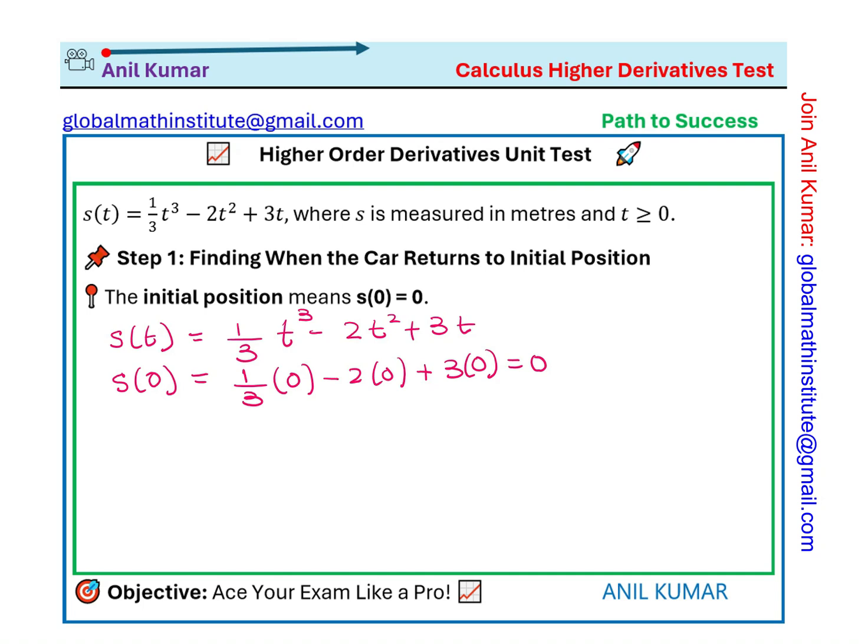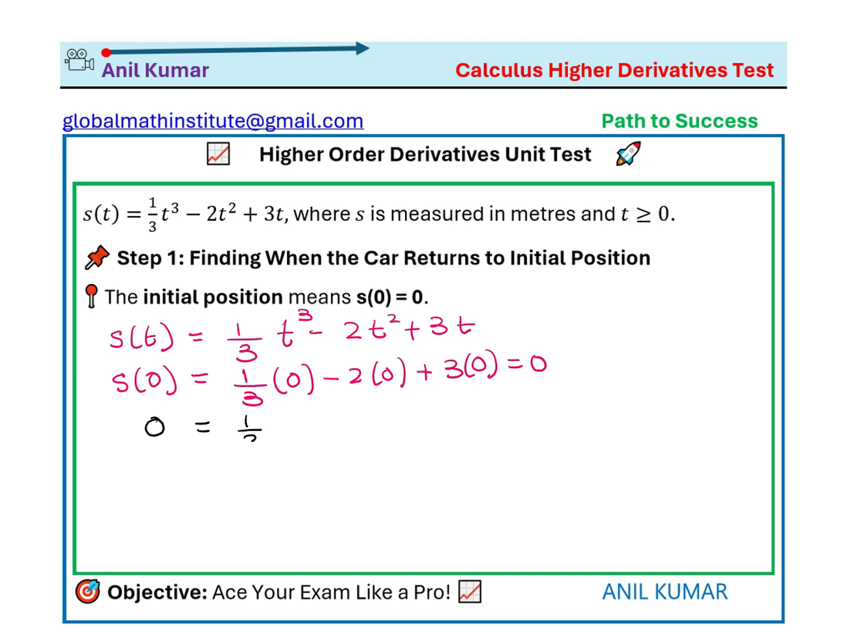Okay, so the question now is when the car returns to the initial position. So t equals 0, it is at 0. But when else, right? So basically, we'll now try to solve the equation that this displacement is 0, meaning after what time?